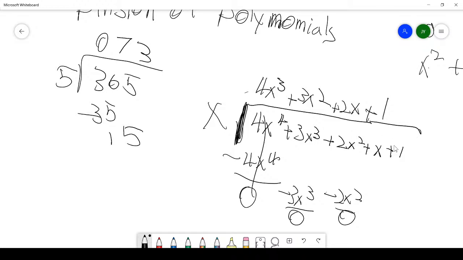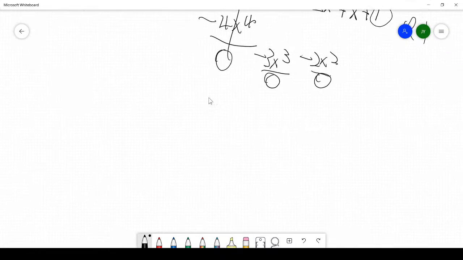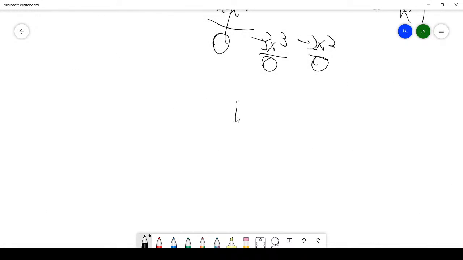Then you're left with 1, which you can't divide by x because it has fewer x's than the current number, and we leave this as the remainder. Or you can write 1 over x, but you can also just write remainder 1. Usually they prefer to give you this answer, but there might be questions where they specifically ask you for the remainder when you divide. Now, applying the same concept, this is where it gets more complicated.